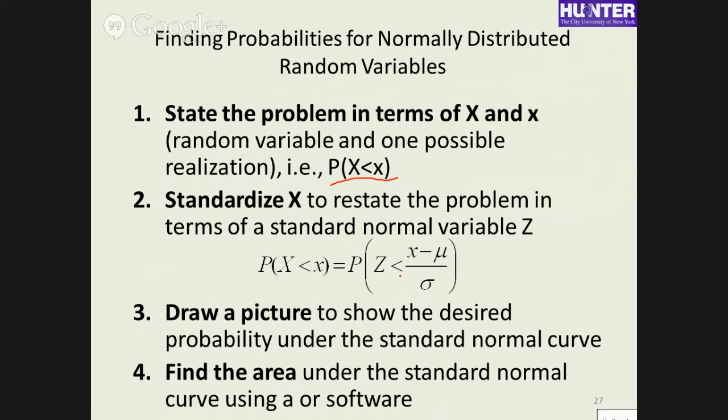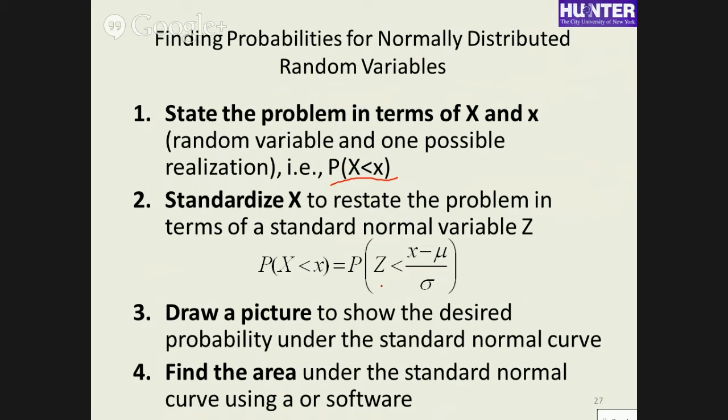Next step, if you're going to use a z-table, is to standardize it. So you rewrite it in terms of the standard normal distribution. You want the probability of z being less than the z-scored observation. So you take that observation, subtract the mean, divide by the standard deviation, and then write the problem again using z. Draw your picture and then find the area.